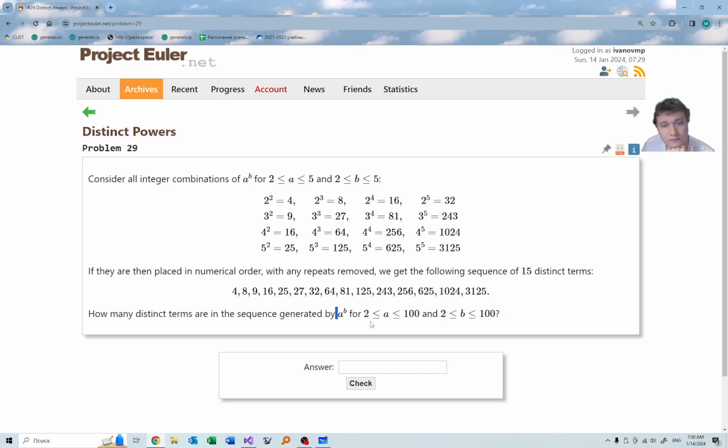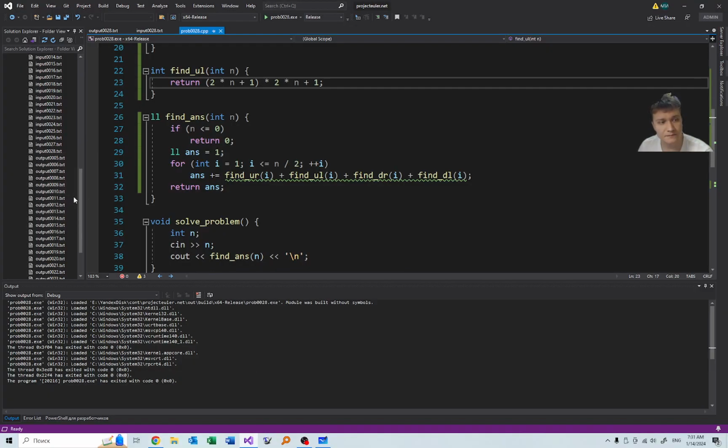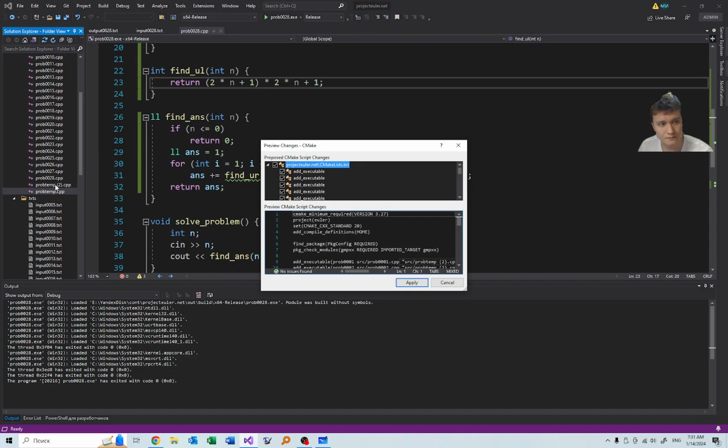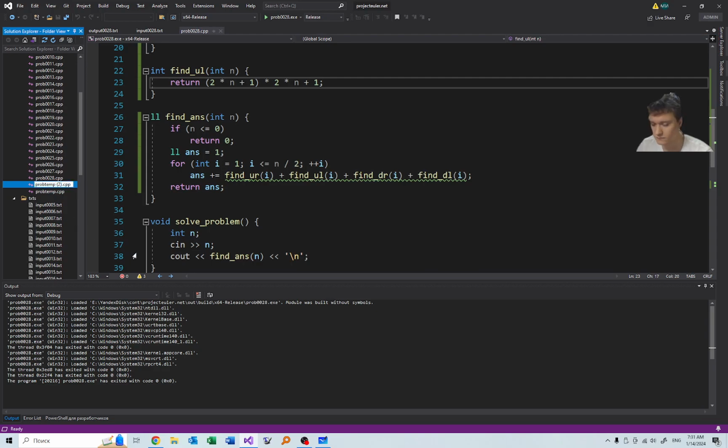However, the collisions are definitely possible. Okay, let's just do it. Modulus some modulus. Because I don't want to use long arithmetic here.